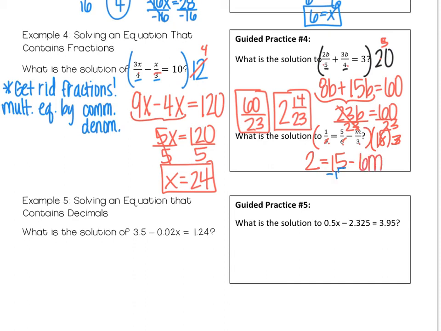To solve it, you want to subtract 15 from both sides. We get negative 13 equals negative 6m. Divide both sides by negative 6, and you get 13 over 6, or 2 and 1/6.